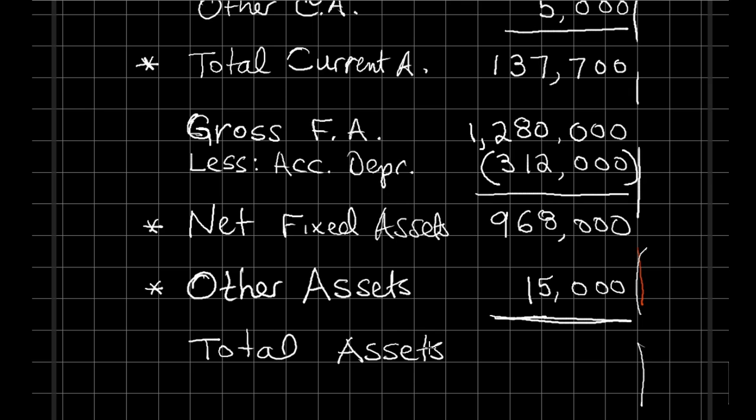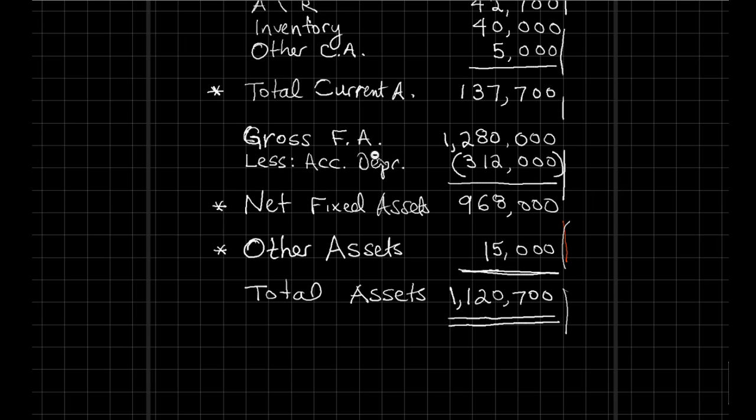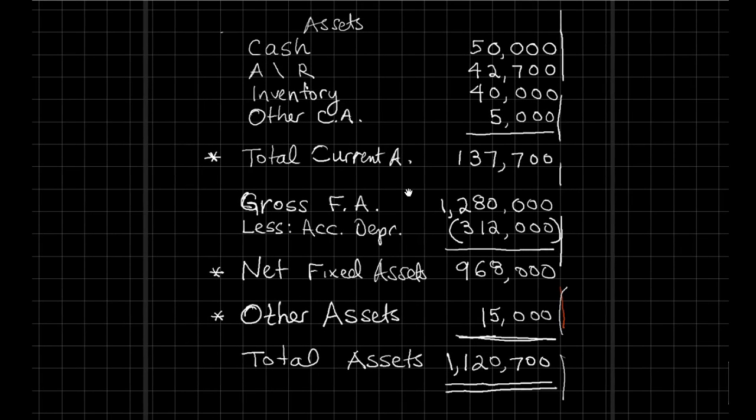And adding up these three numbers will give us this decidedly big number, $1,120,700, and I will put double line to show that we are done with the first part. We were able to derive the asset side of our balance sheet. So we are done with the first part basically, and thank you for watching.